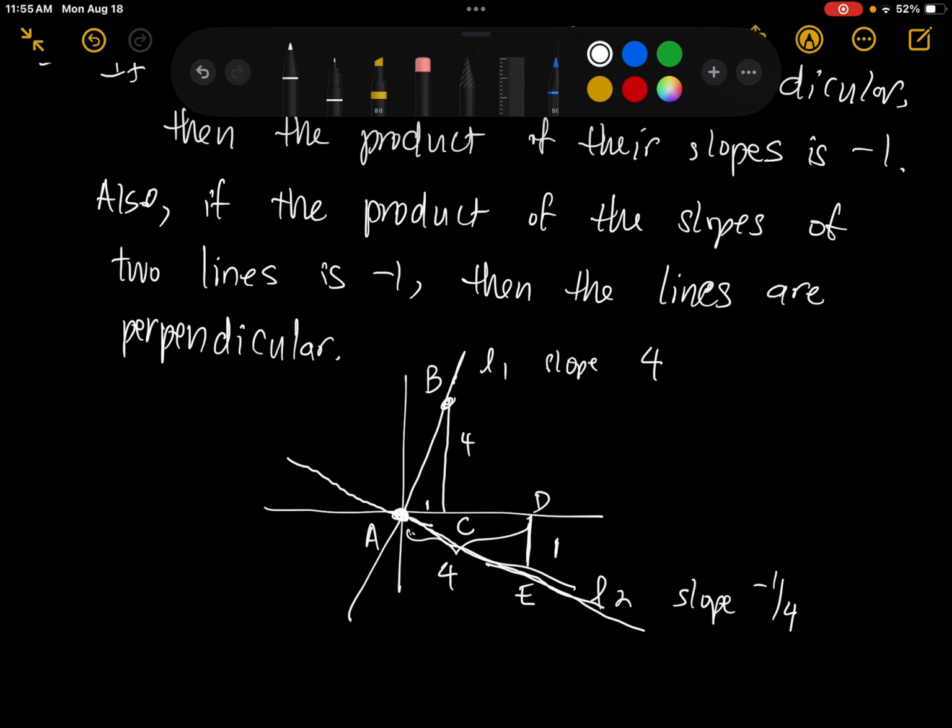Or to make it a little better, you can make this point down 1. So let's call this maybe F, and then this point to the right 4.